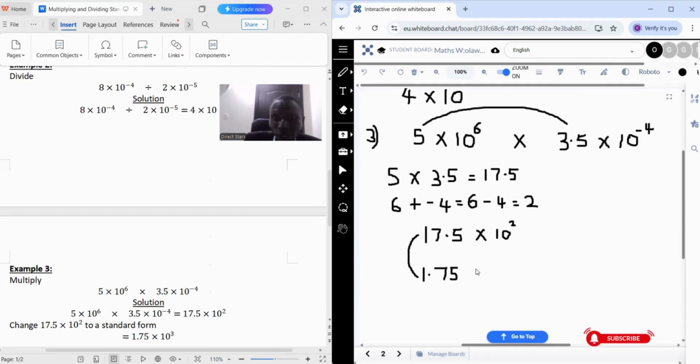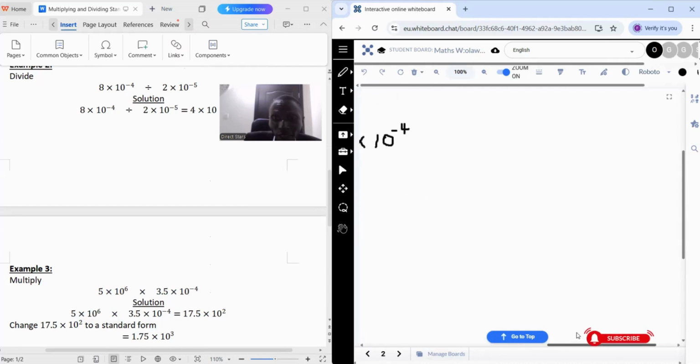Then we're going to have our answer now to be 1.75 times 10, with 2 as the power, then we're adding 1 to it. 2 plus 1, we're going to have here to be 3. If you look at 1.75, it's greater than 1 but less than 10. So this is going to be our answer.